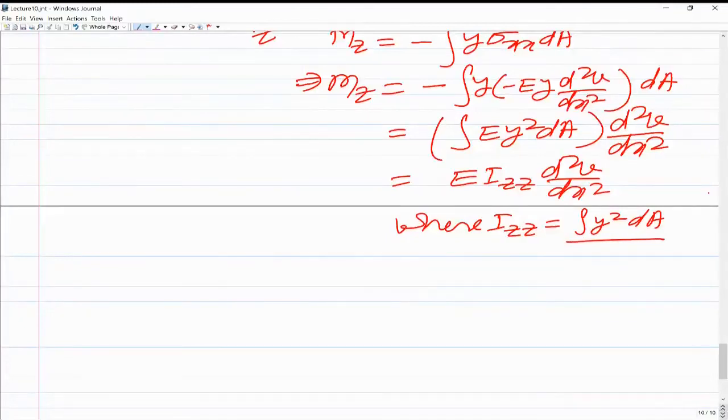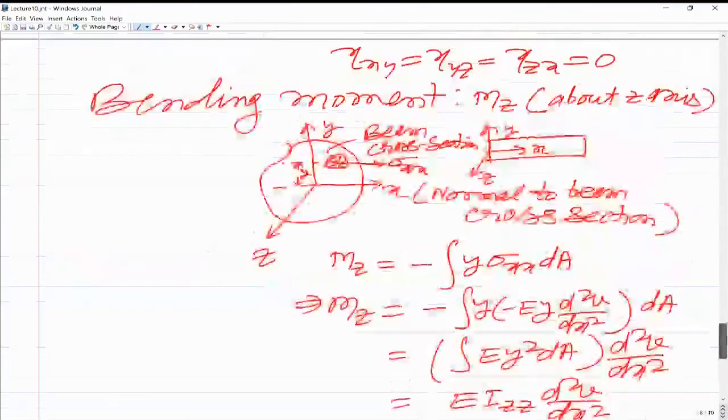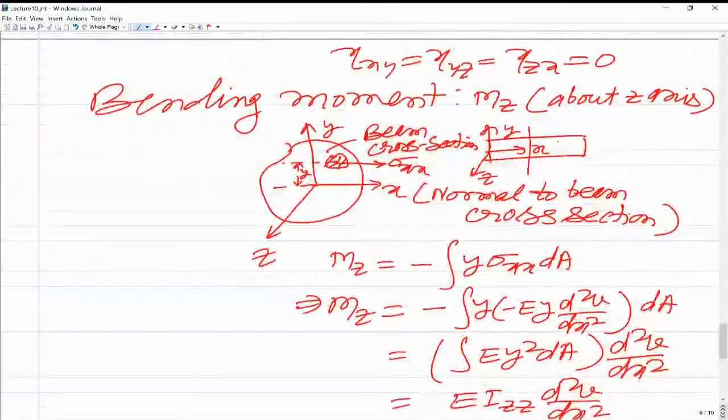Now, as I said, after this let us derive the governing differential equation. When we want to derive the governing differential equation, we need to consider the free body diagram of a small element of the beam. If this beam is there, we take a small element by cutting a section, say of length delta x, and draw the free body diagram of this portion.